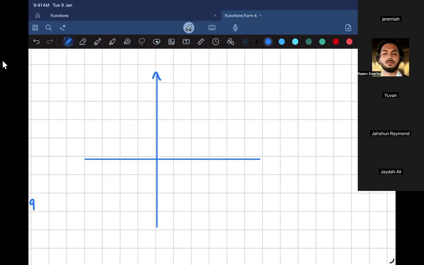So this is Y, this is X. Let's just say I wanted to plot 2, 3. Let me just give me a second there, guys. 1, 2, 3, 4, 5, minus 1, minus 2, minus 3, minus 4, 1, 2, 3, 4, minus 1, minus 2.